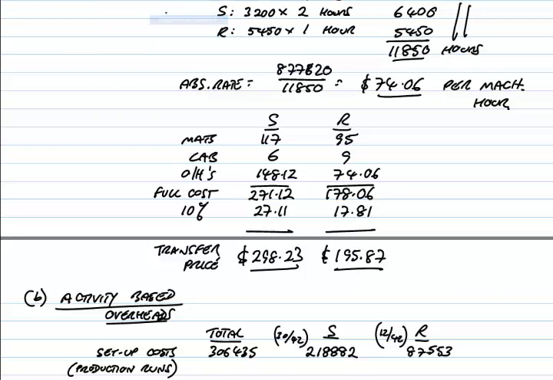Just so that it's clear, let me show the workings here. There are 11,850 hours in total, 6,400 are for S, so that proportion of the total cost will be S, and R, 5,450. Well, again, that proportion of the total.